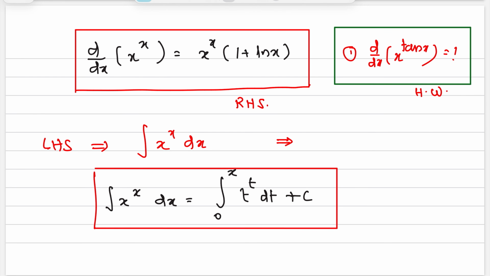If anything is given like this, integral of x to the power of x dx can be written in the form of definite integral 0 to x t to the power of t dt plus c.